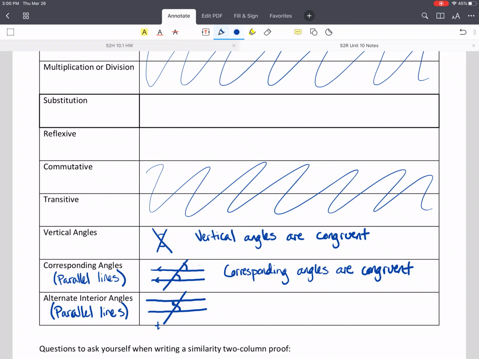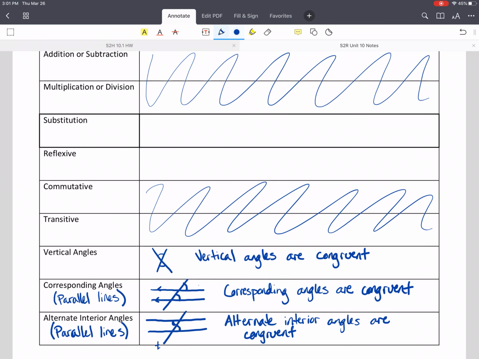So there's congruent, there's congruent. Alternate interior angles are congruent. Okay, so that's all the angle stuff, and I'm really hoping that's familiar to you.